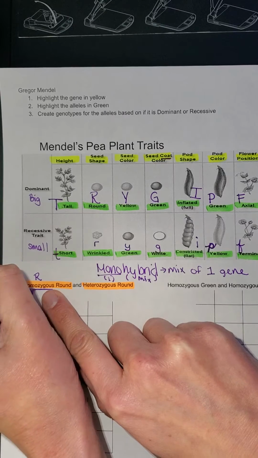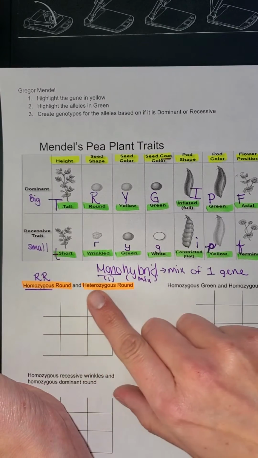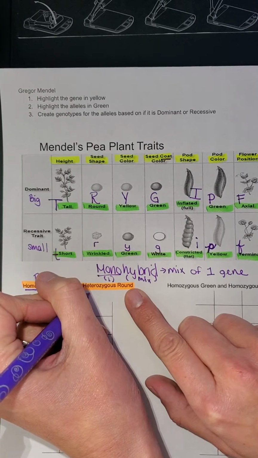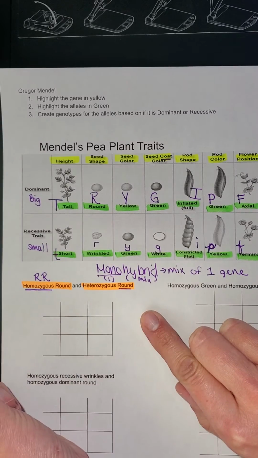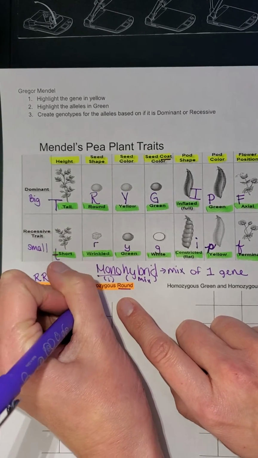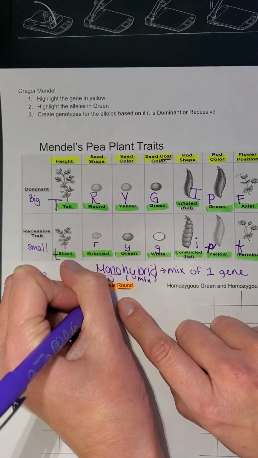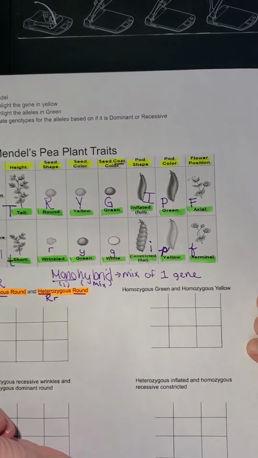So it's going to be same. So another big R. Heterozygous round. So it's presenting as round. It's heterozygous, so it's different. It's going to be big R, little r. Here, let's do this one over here.